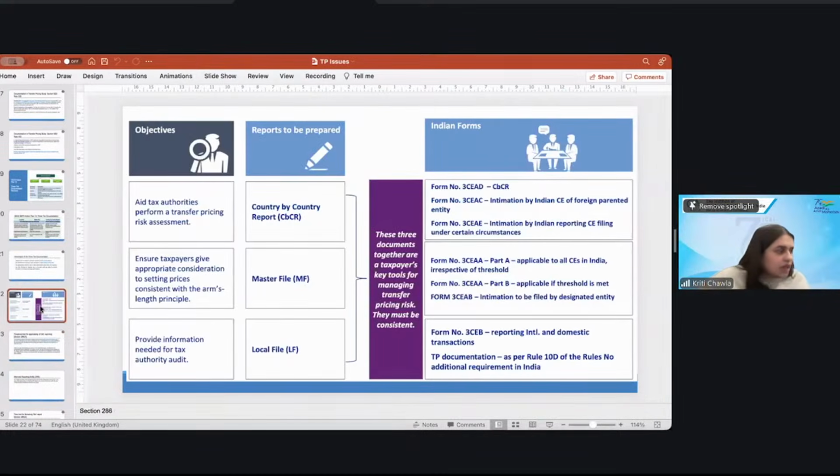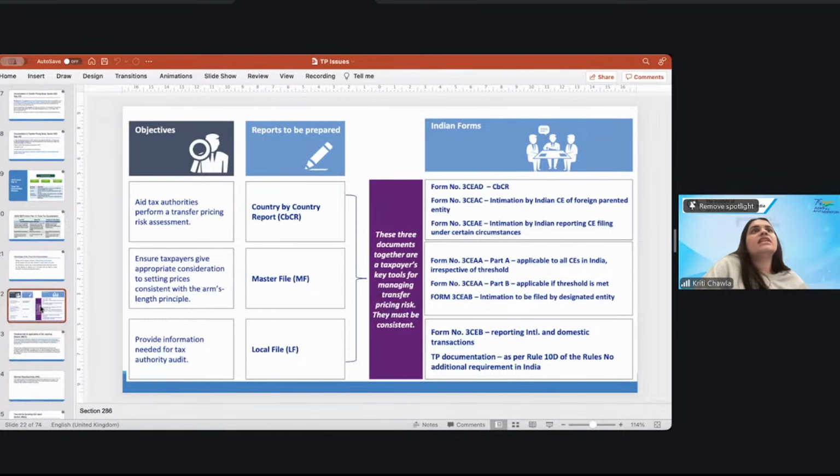When the OECD introduced BEPS Action Plan 13, India incorporated it in Section 286 of the Income Tax Act. If you read through Section 286, it talks about something called country by country reporting.